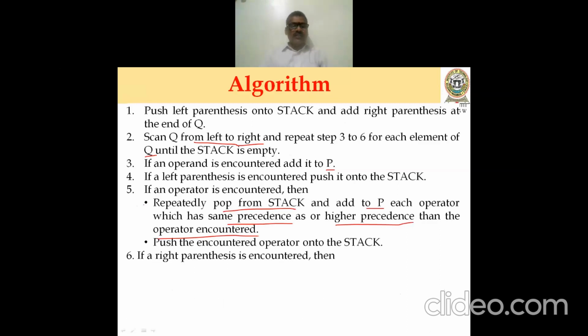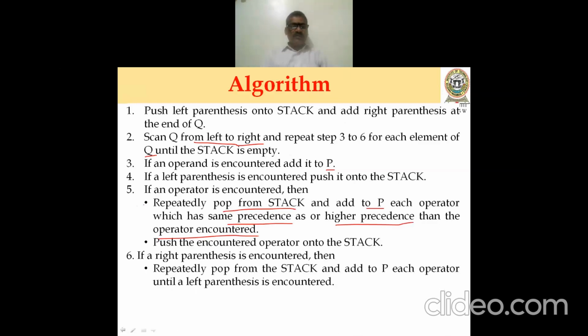If we encounter a right parenthesis, then we repeatedly pop from the stack and add to P each operator until a left parenthesis is encountered.